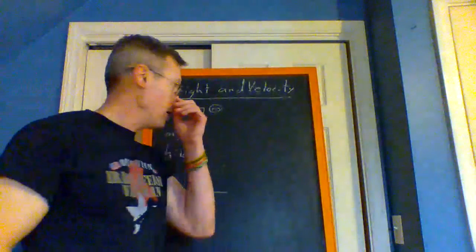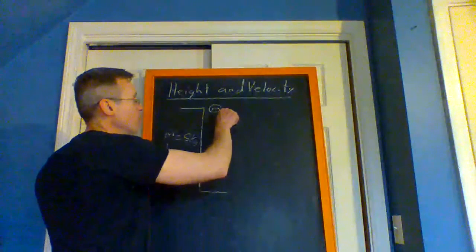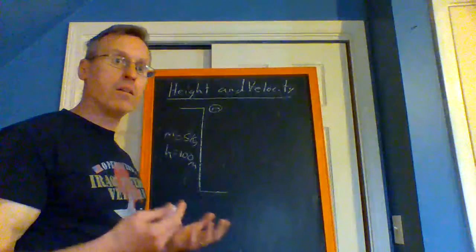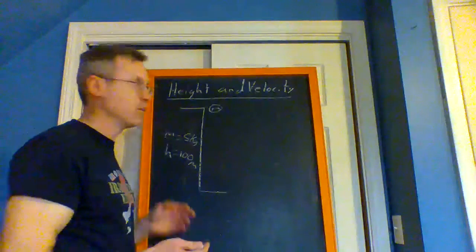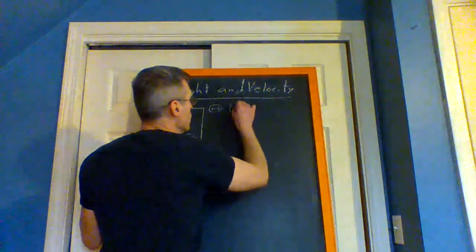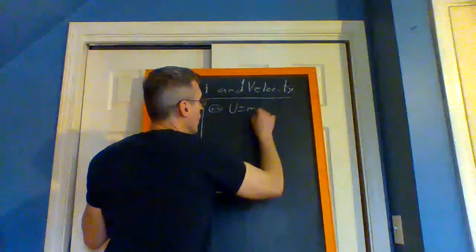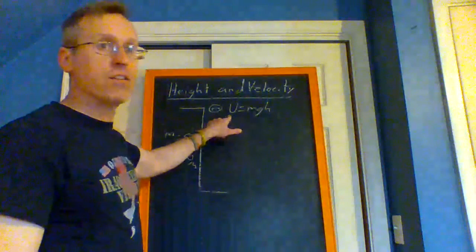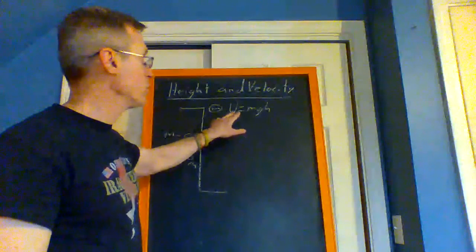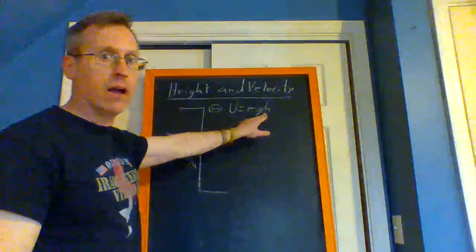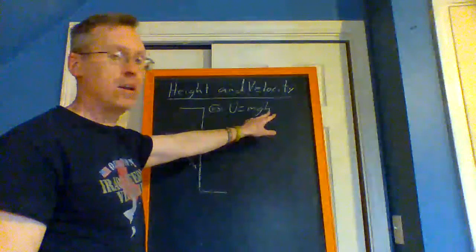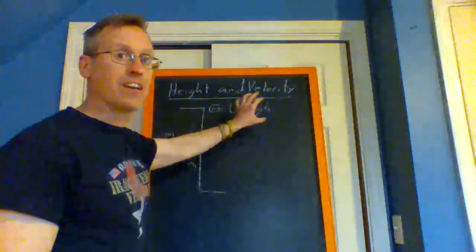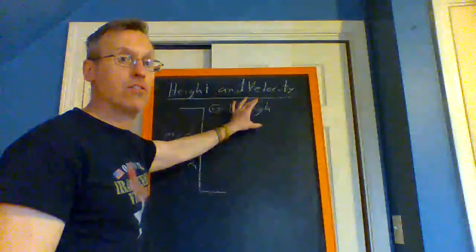So, using energy, up here, before it starts to move, all its energy is potential energy. Now, if you watch the other video, the reality is it has a total energy up there, which is its potential plus kinetic. But since it didn't start moving yet, the value for its kinetic energy is 0.